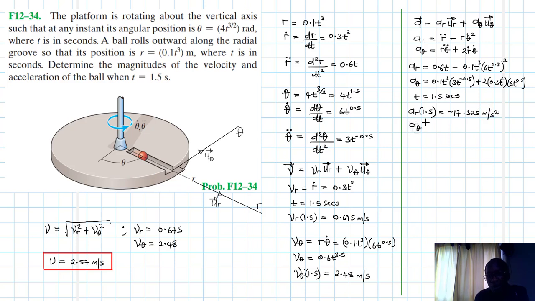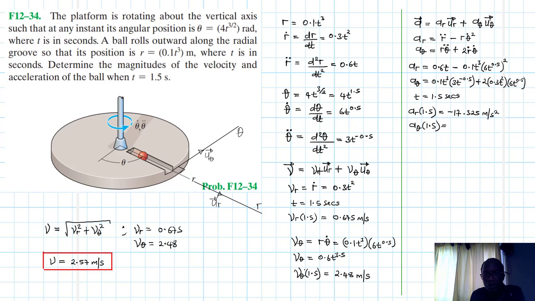Then A theta at 1.5, plug it in there. We have 0.1 by 1.5 to the power 3, times, wow, I can multiply this directly, right?